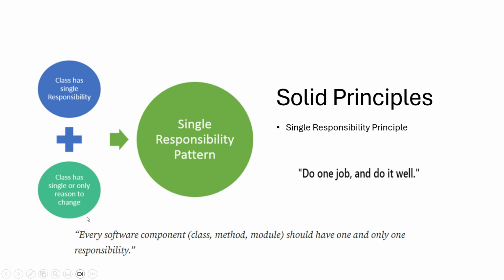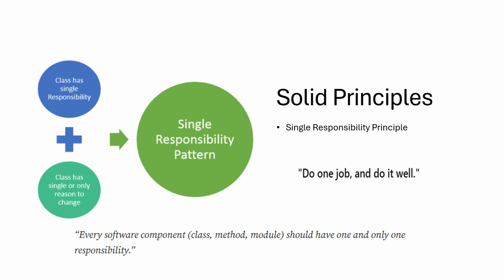It means that if we want to modify a particular functionality, we have to make changes to that particular thing only. We don't have a reason to modify the class for more than one reason, right? So every software component should have only one responsibility. This is what the single responsibility principle states.